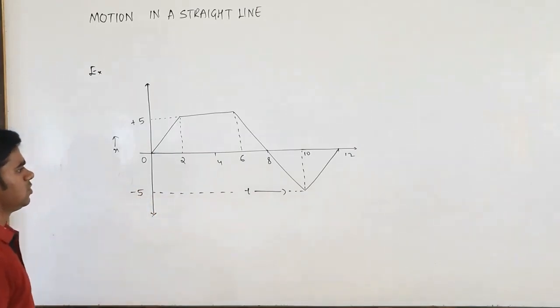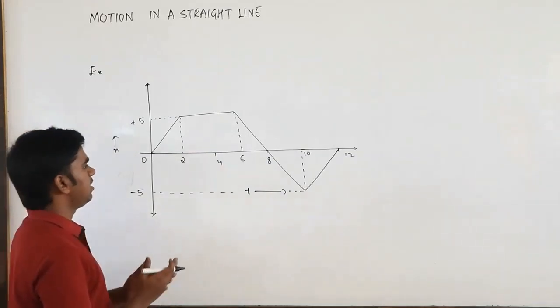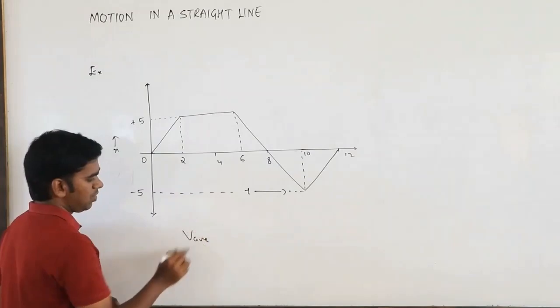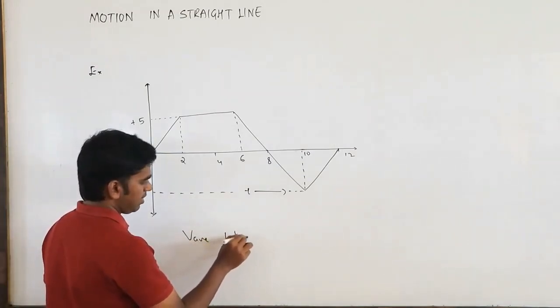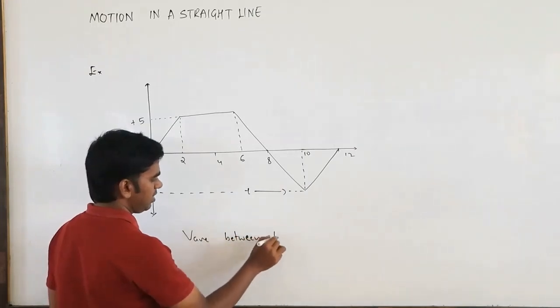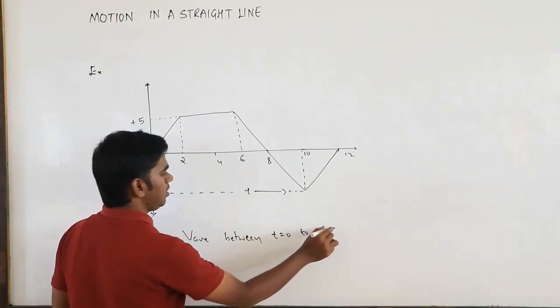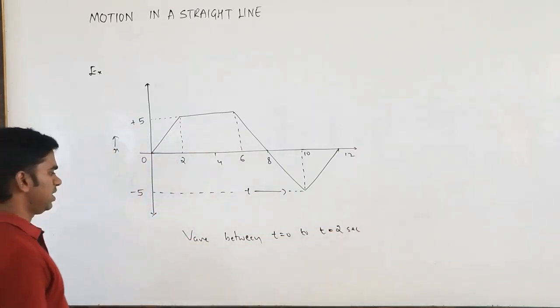Okay, so now they may ask, or you can describe the motion, or they may ask you to find average velocity of the body between t equals 0 to t equals 2 seconds.